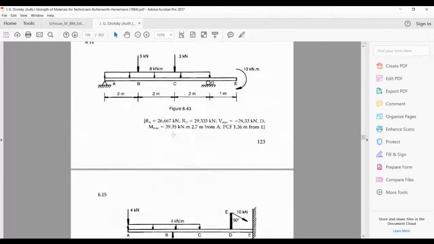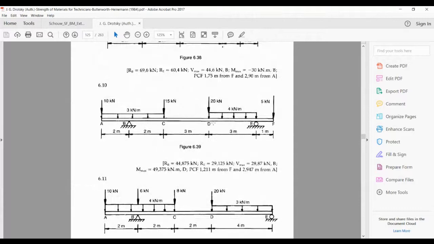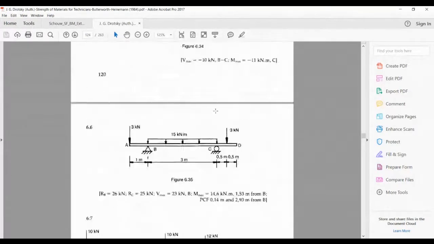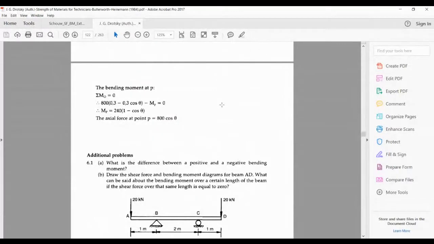If you can do 6.1 to 6.15, I promise you, you'll be fine. By the end of today's lecture on shear force and bending moments, we'll have time for trusses, but maybe before we start on trusses next week, I might do a shear force and bending moment question.